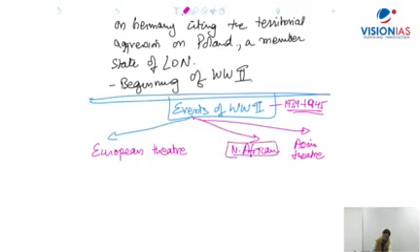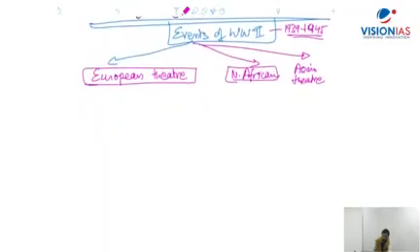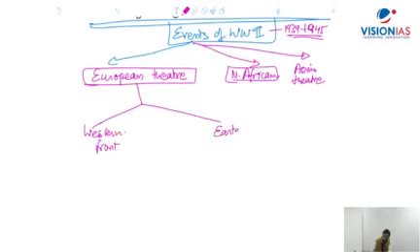In terms of the European theater, we again can divide this into the Western Front and the Eastern Front. This is the best way to remember it, rather than seeing what is happening in each year, because that becomes very messy. Because in 1 year there are things happening in West Asia also, in North Africa also, Europe also, and Asia also.